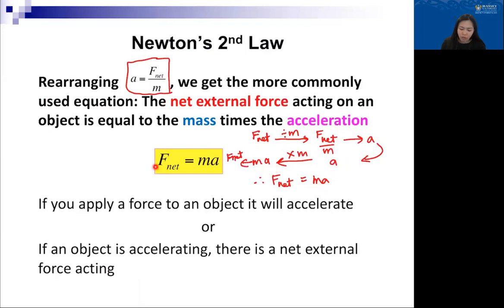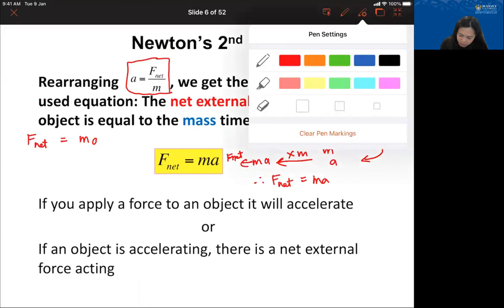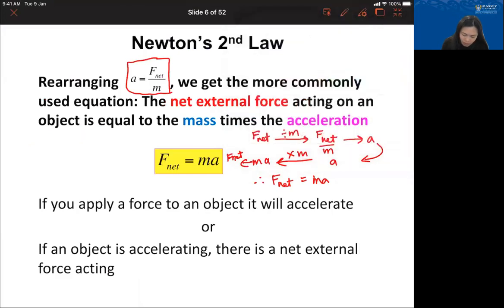That if you have just three variables, you can use the mathematical identity rule that says anything divided by itself is equal to 1. Let's start from the starting equation. Acceleration is equal to F net divided by mass.